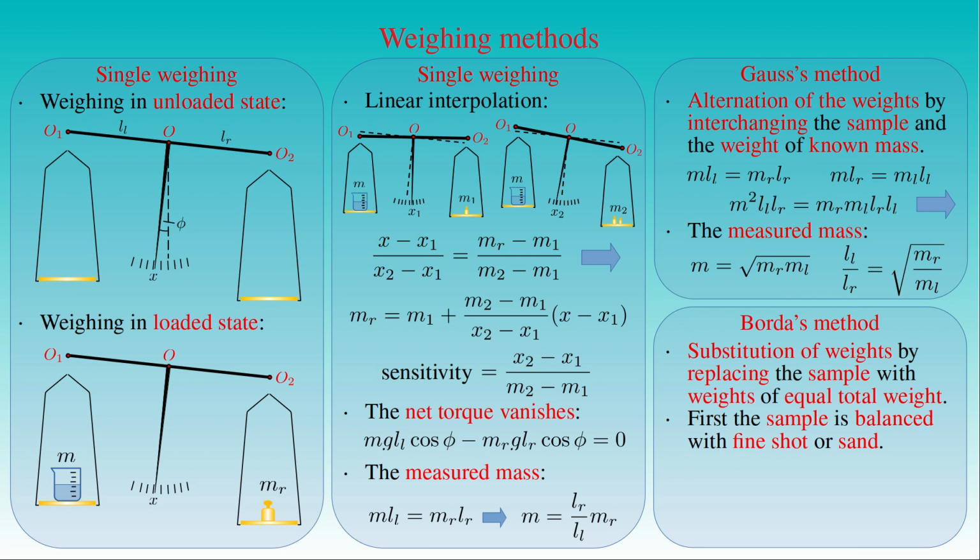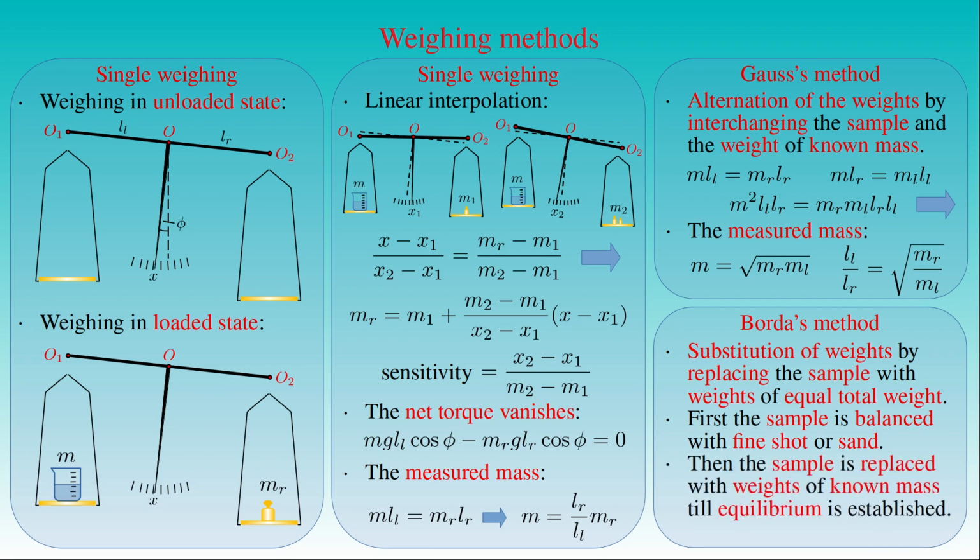The sample is then replaced by known weights of the total mass m0 till the equilibrium position of the balance is again established. The mass m0 is generally obtained by linear interpolation as in the case of the single-stage weighing. Since the equilibrium position is the same for both the stages, the replacing weights represent the weight of the sample, that is the mass m is equal to the mass m0, regardless of the lever arm ratio of the balance.